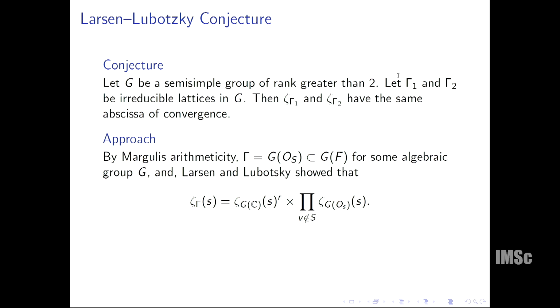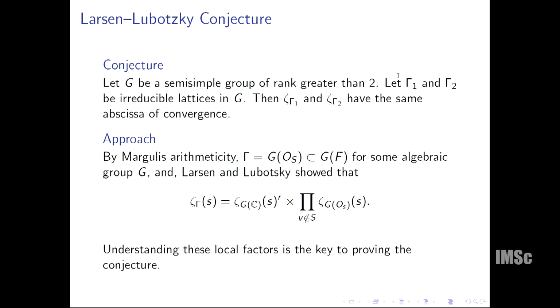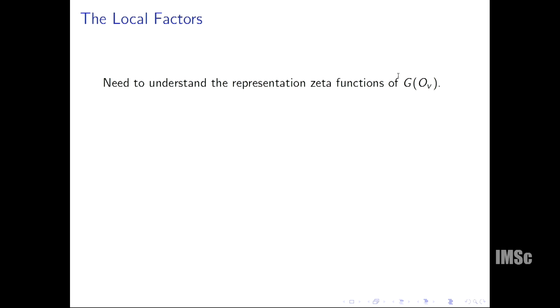So you have this field, you have this lattice, and what you're going to show is that this group has some sort of product decomposition. Not important at this point, but understanding these factors is the key to proving the conjecture. So we need to understand these local zeta functions.